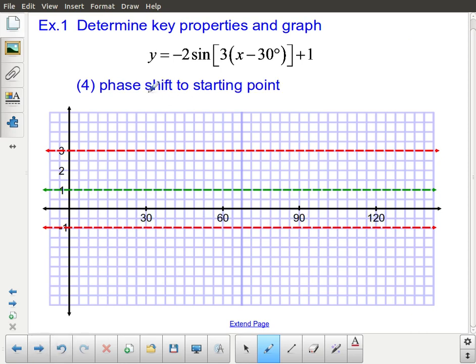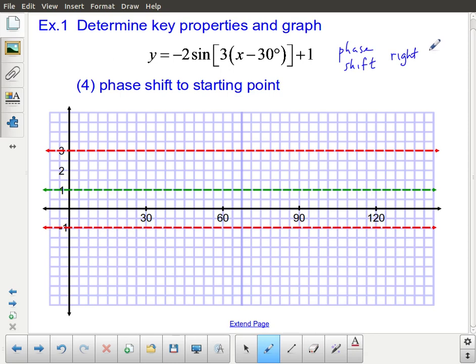Okay, now phase shift. This is the part where I've mentioned that students have difficulty. Normally, well, first of all, let's identify this. We have a phase shift, and as we discussed previously, it is right. It would help if I could spell right properly.